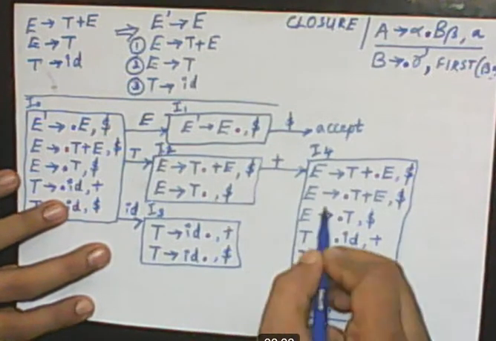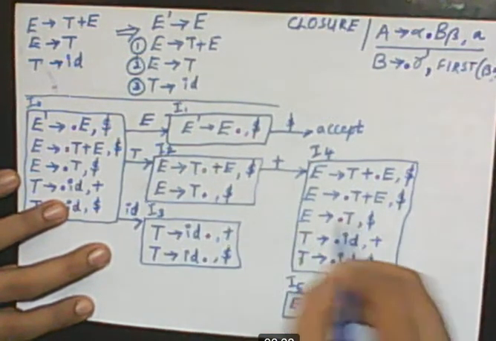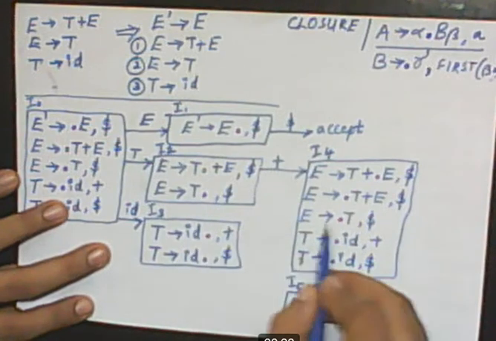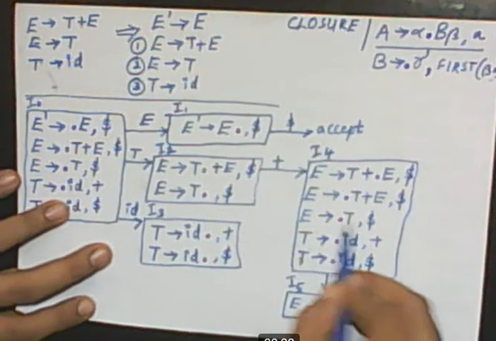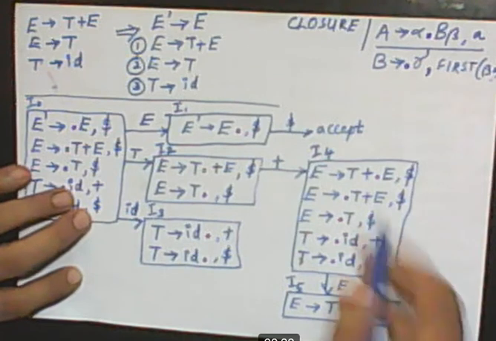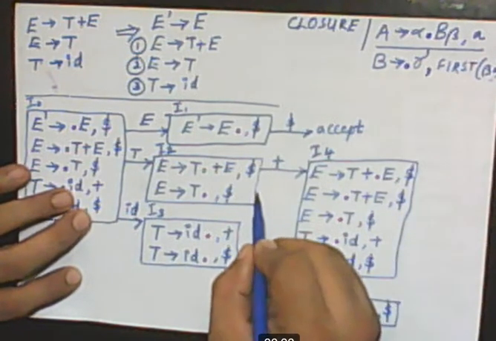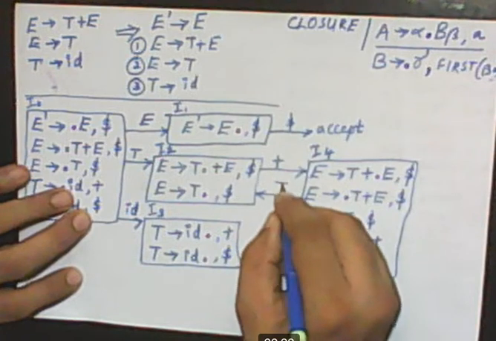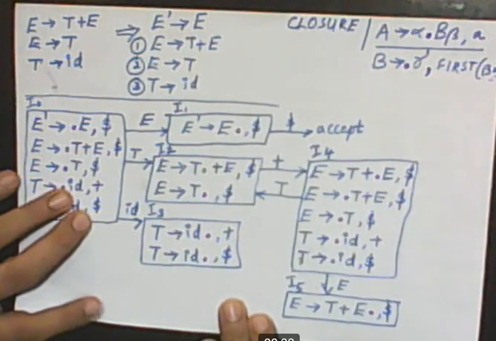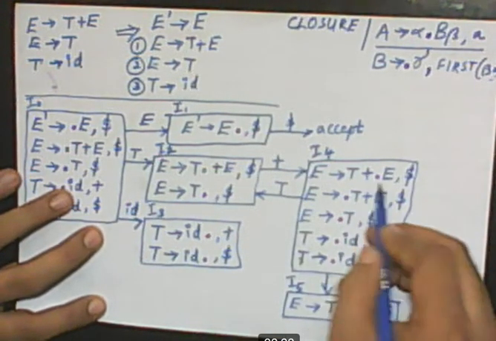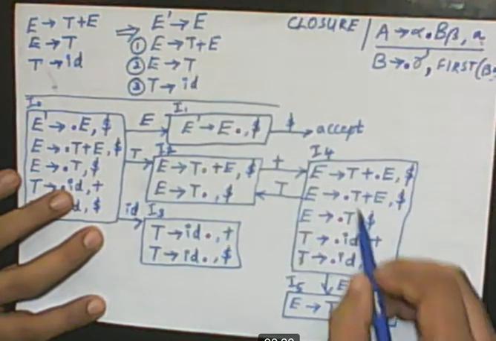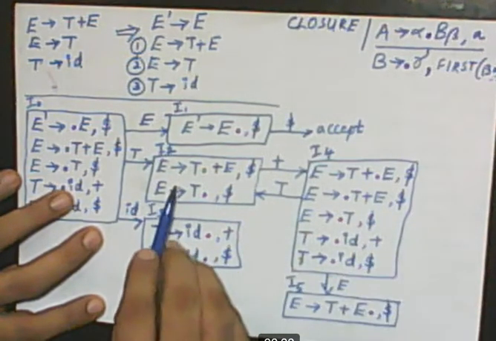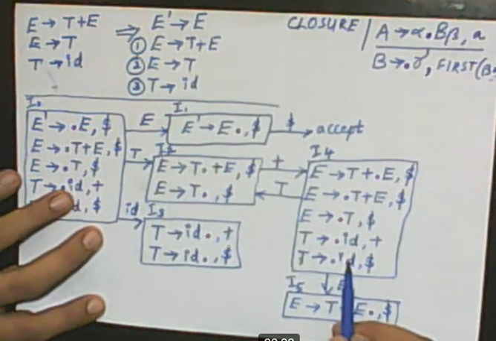Similarly, you can have this transition also here. On T, this goes to the right side of this, E gives T dot dollar. So these are the transitions. You can just put an arrow here, and that is capital T. So on E it goes to I5, on T it goes to I2, and now on ID what happens?